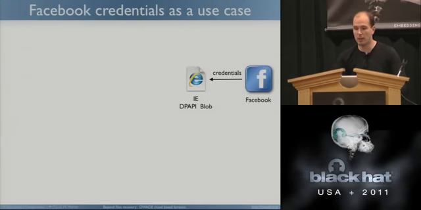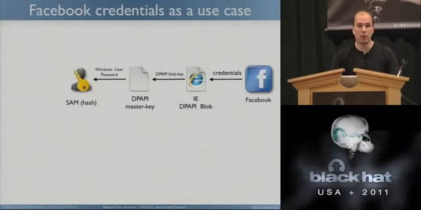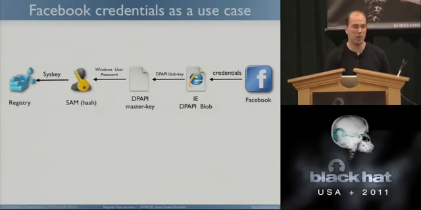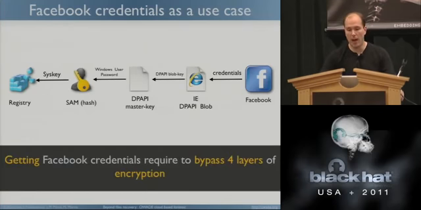If I want to decrypt that, I have to decrypt the DPAPI master key. To decrypt the DPAPI master key, I have to actually decrypt the Windows password. And to decrypt the Windows password, I have to be able to decrypt the SAM. If we sum up all of this, we actually need to bypass 4 layers of encryption to get to the point where I get my Facebook credential from my hard drive.